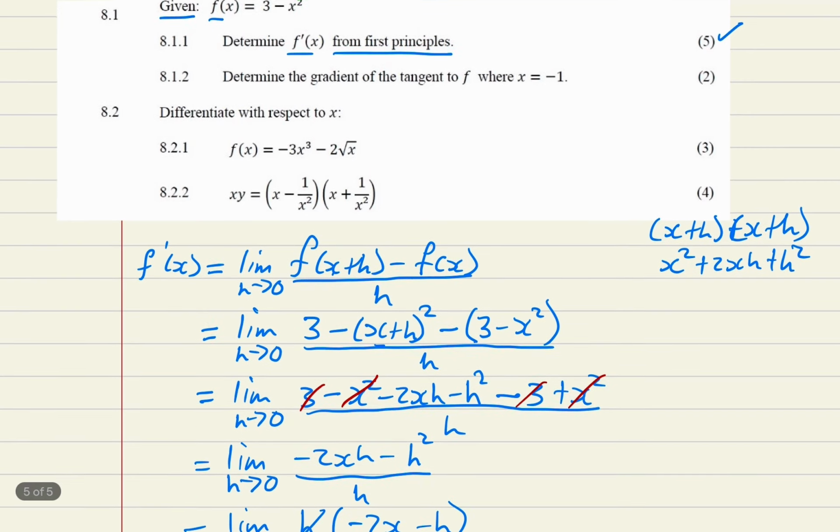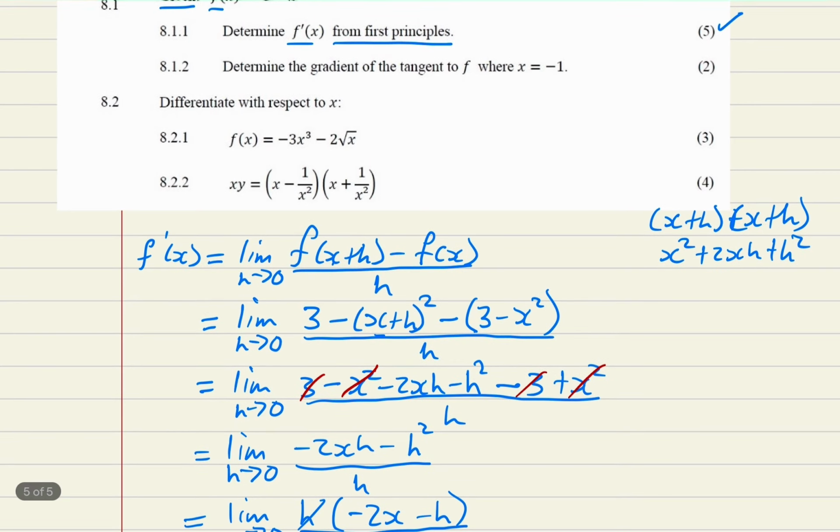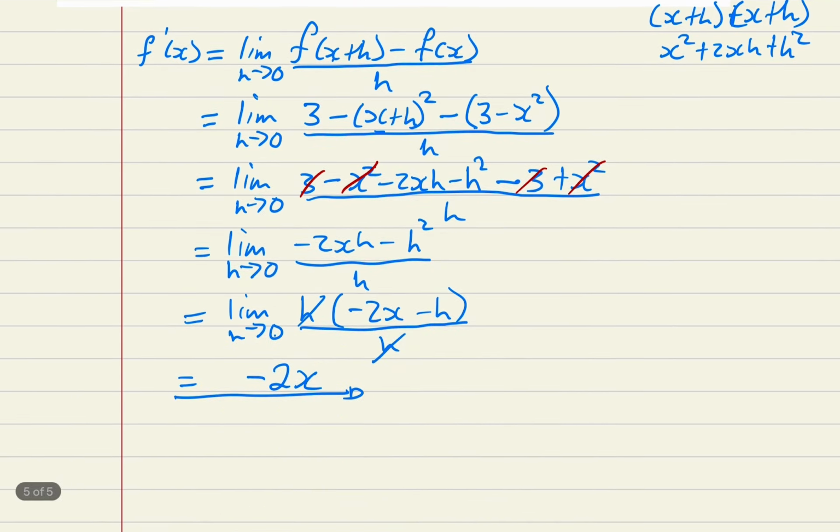The second one says now determine the gradient of the tangent of f where x is negative 1. This is 8.1.1, and now 8.1.2. I'll just take that one as it is.